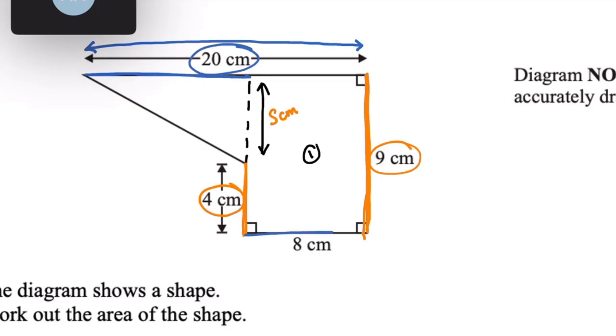We know that this much is 8 centimeters. We need to work out what's left over here. If this is 8 centimeters, that must mean that this is going to be 12 centimeters, because 8 and 12 gives you the whole distance of 20 centimeters.